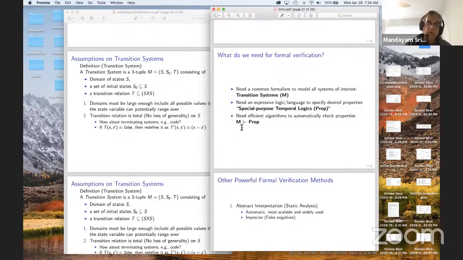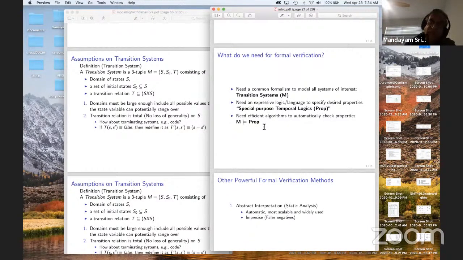So these are the three things that we will be covering in the course. After introducing transition systems, we'll go on to introduce two logics that we will primarily be using to specify the constraints on the behavior.